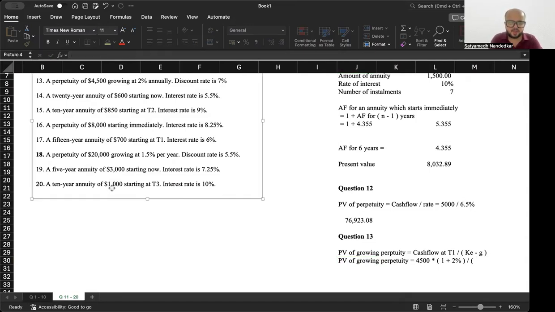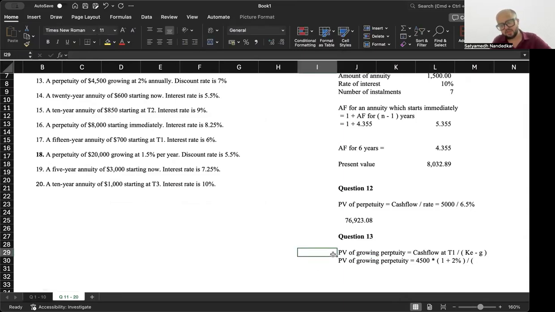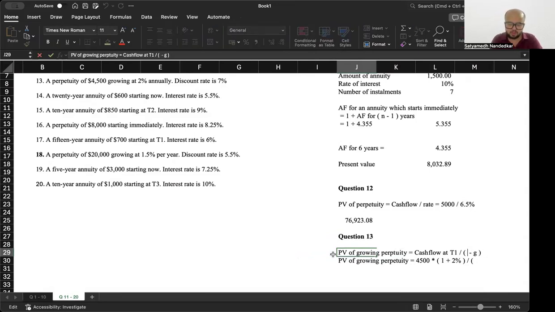KE is 7%. Rather, I should use the words discounting factor. We have not yet started the dividend growth model. So discounting rate or interest rate minus G.